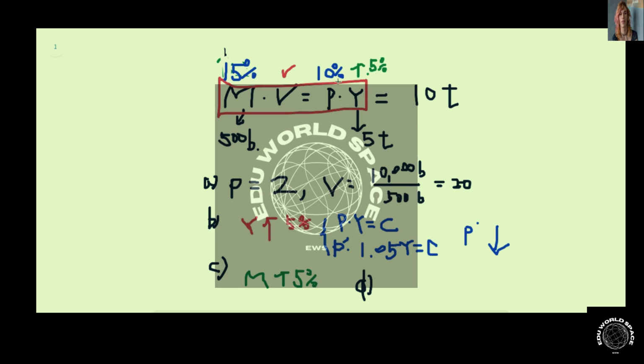Yes, 10 plus 5 is 15. So we have to increase money supply by 15% in order to adjust for the inflation and also the increase in output.